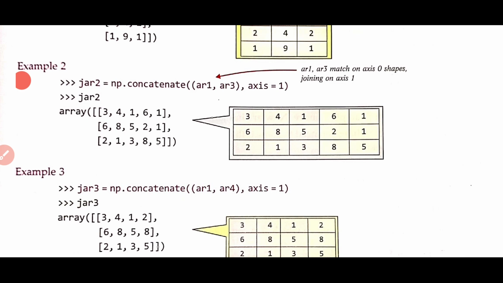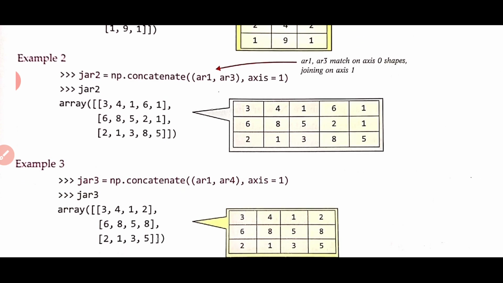Axis 1 means our horizontal axis. This means add all the elements of AR3 just after the AR1 elements on the horizontal axis. So the resultant array will be like this: 3 4 1. Then after that the elements of AR3, 6 1 2, 1 8 5, are added here.